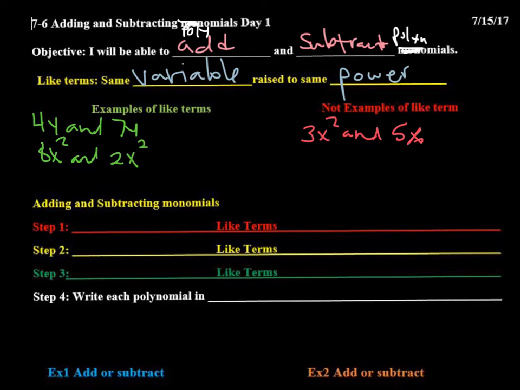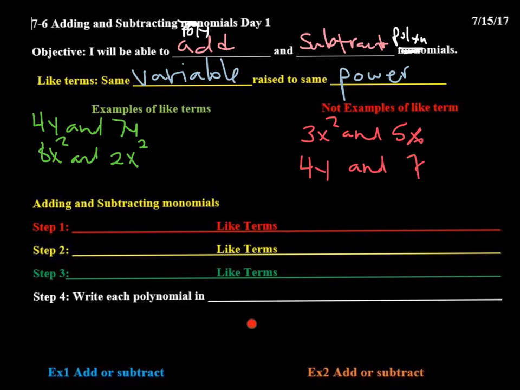Another example would be something like 4y and 7. Here we have a variable of y, and here we don't even have a variable, so automatically you can say that, oh yeah, they're not like terms because they don't have the same variables.